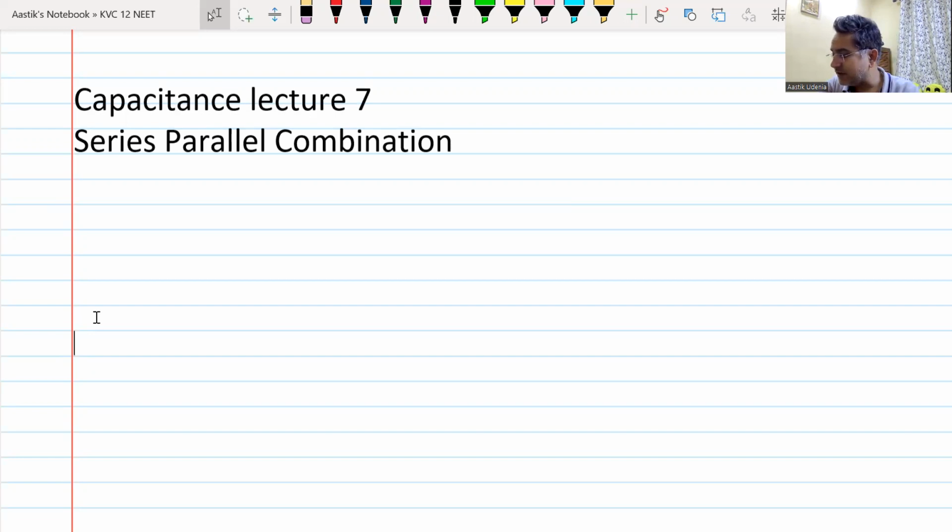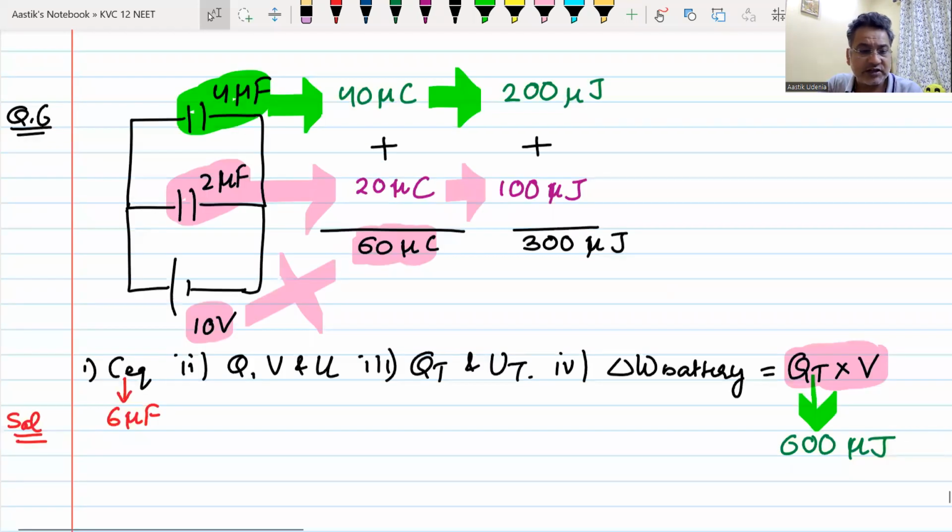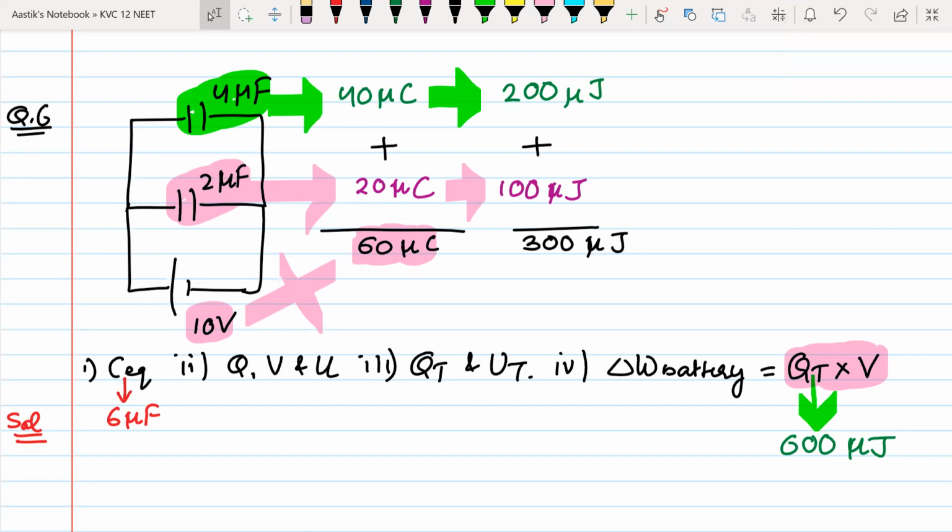In the last class we dealt with how do you find the charge, potential, energy and everything when conductors are connected in series or in parallel. In the class before that we had done the questions on how to find out the same thing in terms of series connection. Do we remember it, everyone? Yes or no?